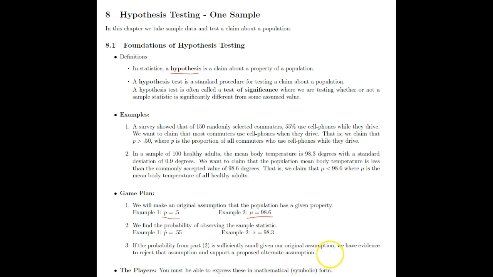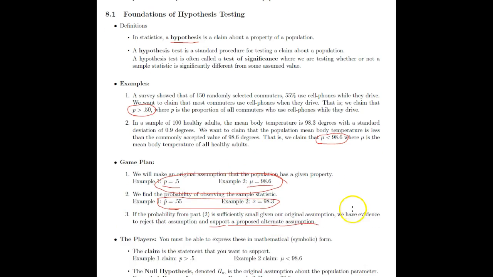So we would have enough evidence to reject these two assumptions and support the proposed alternate assumptions, which would be something like this and this. So that's the general idea. Don't get too caught up in every single particular detail right there, but that's the general idea. We want to operate with some assumption and try to find the probability of getting this sample statistic.